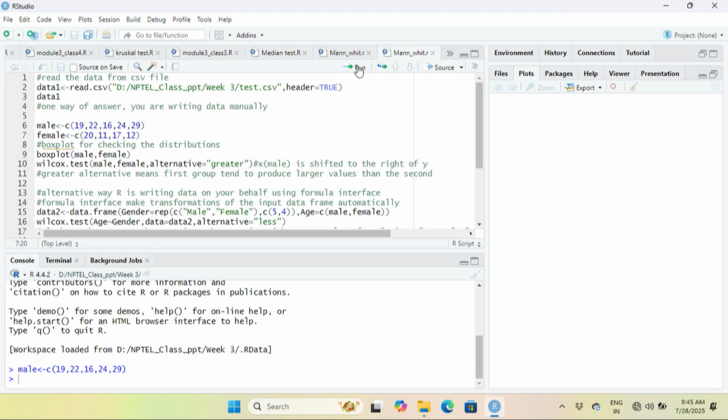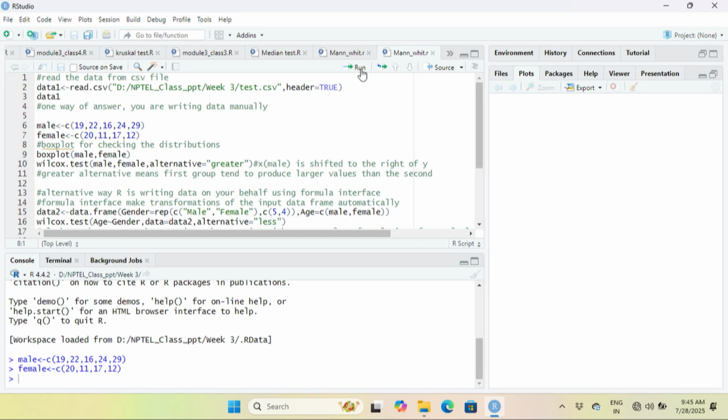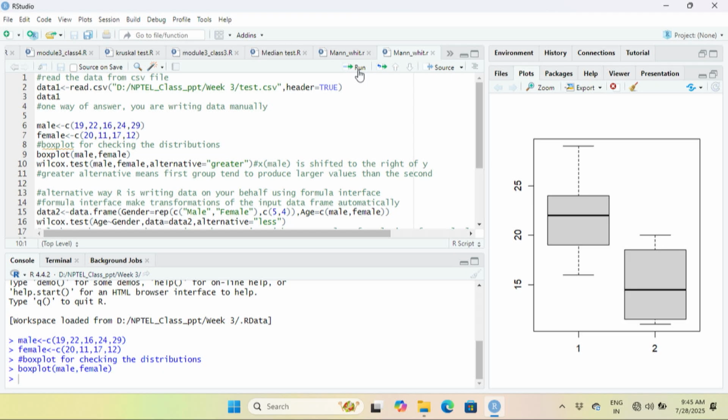Female. Now you will always have a clear idea about the distribution of the male age and the female age if you can draw the box plot, right? And in the box plot you will see how the median differs. So can you see the box plot on the right-hand side?